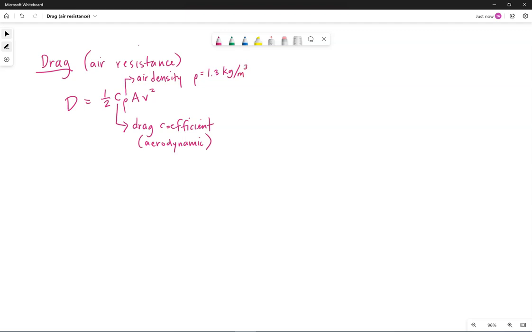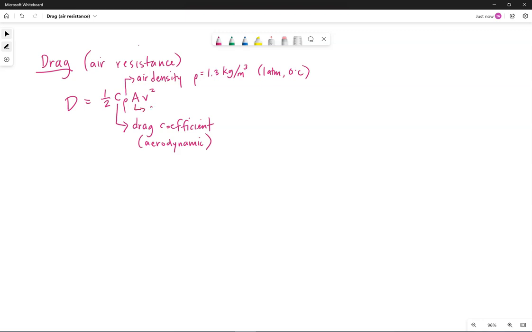The value our author has us assume it to be is 1.3 kilograms per meter cubed. But again, this assumes the pressure to be 1 atm, the temperature to be 0 degrees Celsius. I don't know what humidity it is assuming. So density technically changes with altitude.